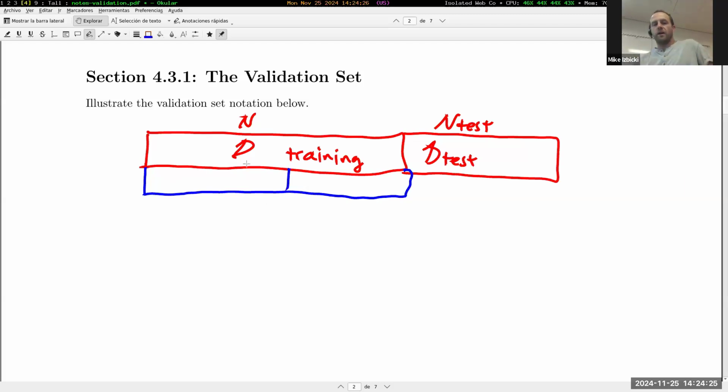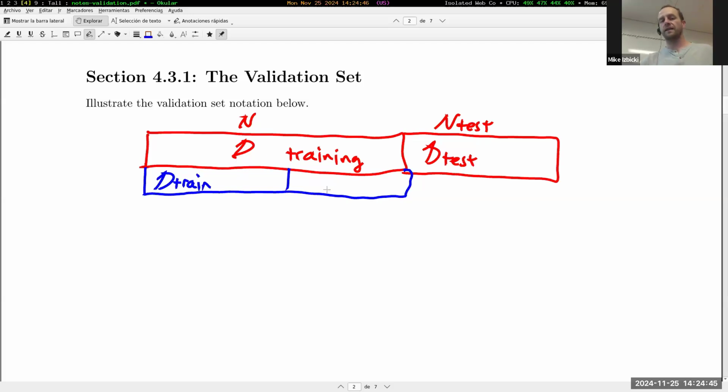Confusingly, the training data set is broken up into another part that is also called the training data set. The textbook uses D sub train for this, but the full set up here of size N and this set right here are both called the training data sets.